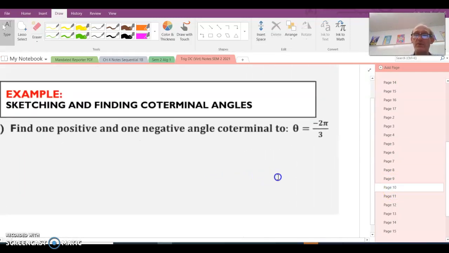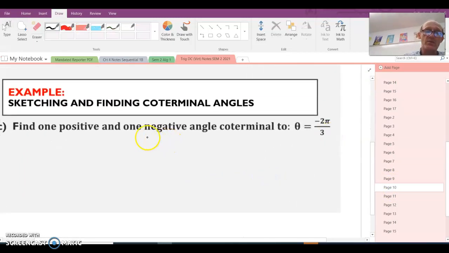Let's try this one: negative 2/3 pi. The sketch of negative 2/3 pi is right here.